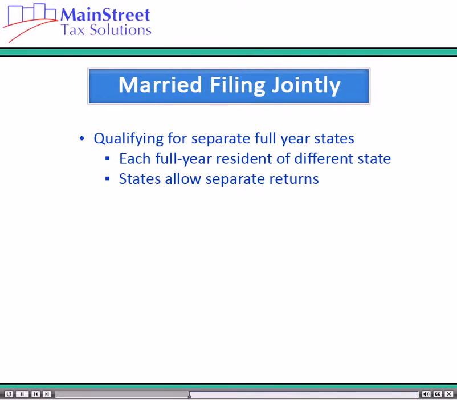For a couple to qualify for separate full year state returns, both of the following conditions must apply. First, the taxpayer must be considered a full-year resident of one state, and the spouse a full-year resident of a different state. Second, the states must allow married taxpayers to file separate state returns when they file a joint federal return.